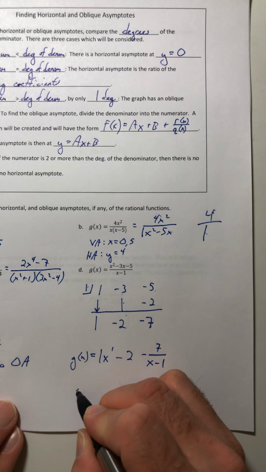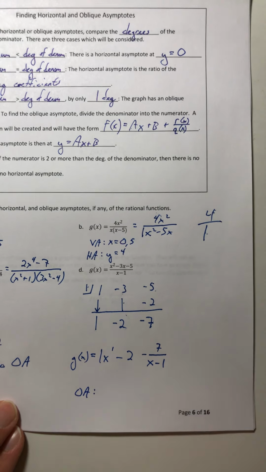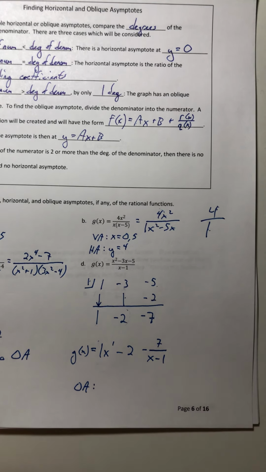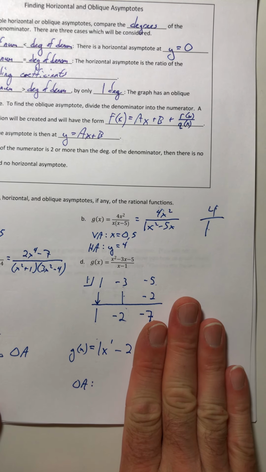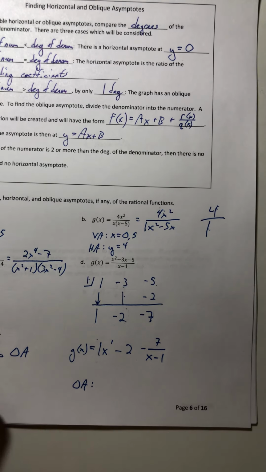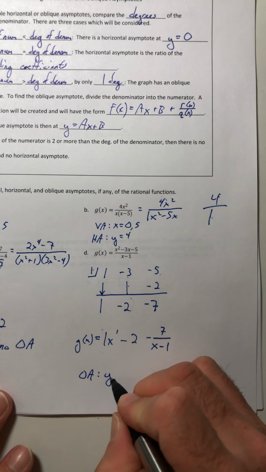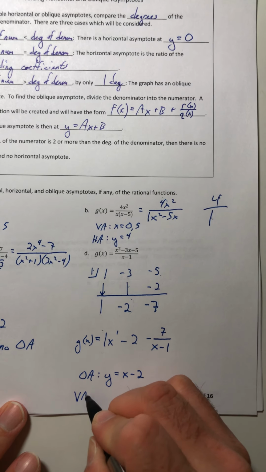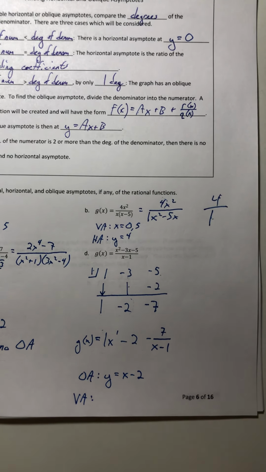So that oblique asymptote is in the linear part of the answer. So it's like you're going to cover up the fraction that you just ended up with and just write the x minus 2. Or y equals x minus 2. And that's how you're going to get your oblique asymptote.